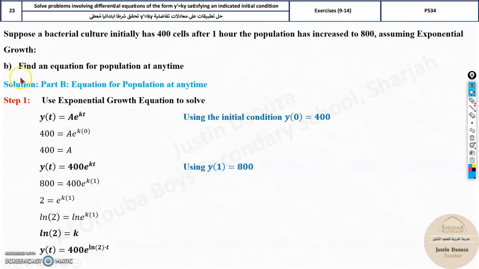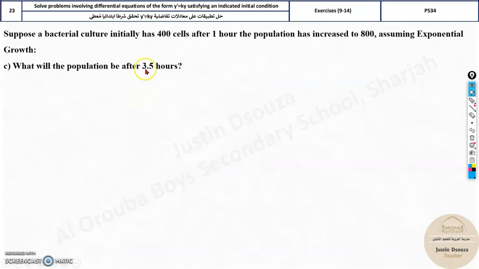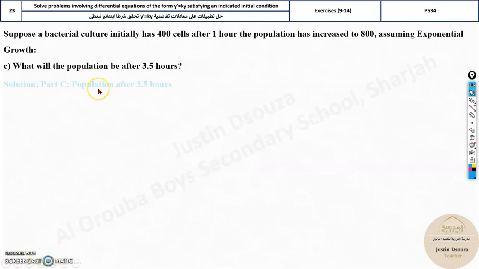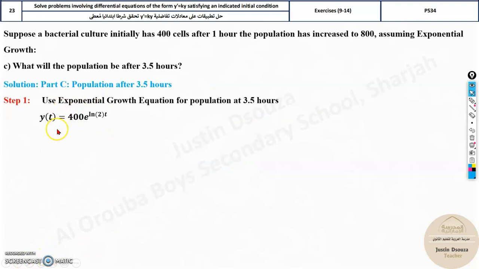That's the second part. And now the last one, what will be the population after 3.5 hours? All you need to do is put 3.5 hours over here. So just this, the equation we just now solved for. And you need to just substitute 3.5 hours instead of time. And then you will get around 4,525 cells.